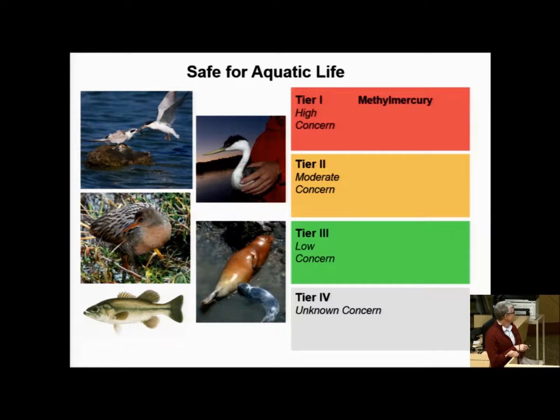So those are the two most extreme cases, but then there's also concern for Ridgway's rails in San Francisco Bay, which is an endangered species. Marine mammals get high exposure through their fish diets. There's even concern for the fish themselves, like largemouth bass, because at the levels we see in their tissue, they could be experiencing problems from mercury exposure.